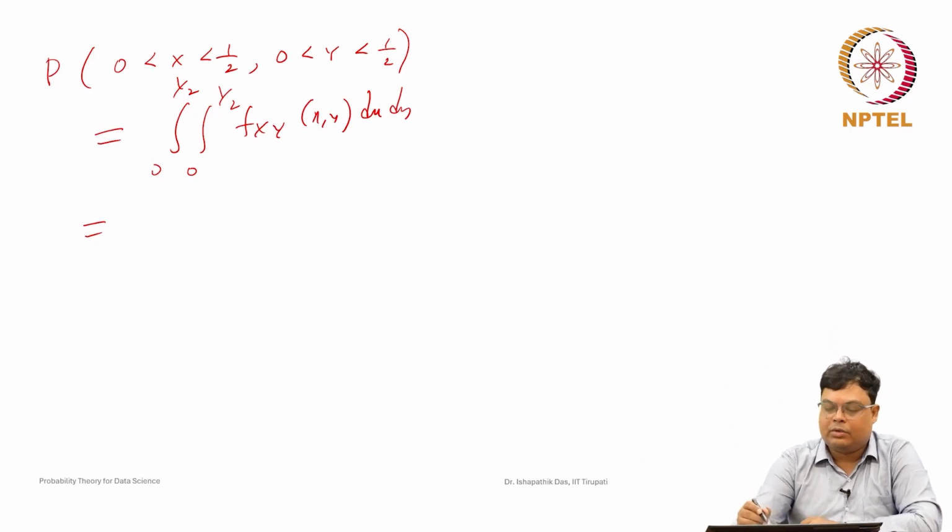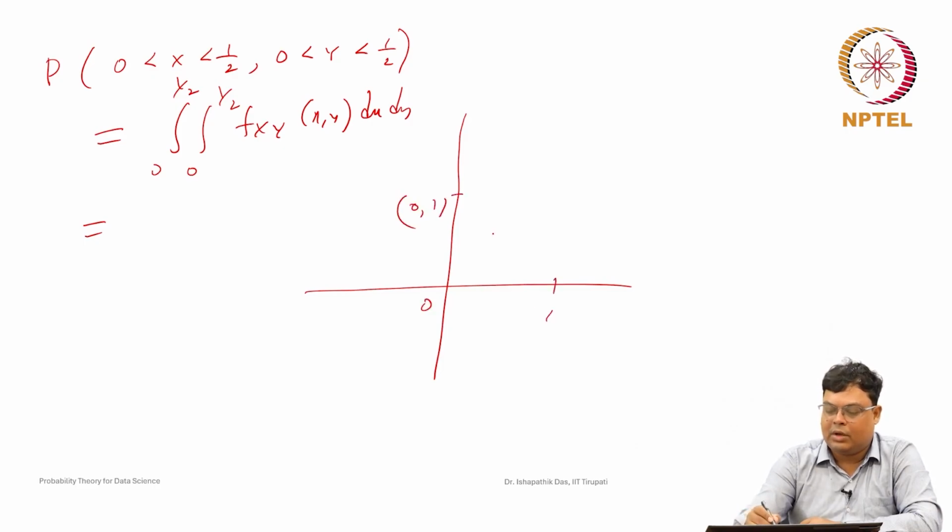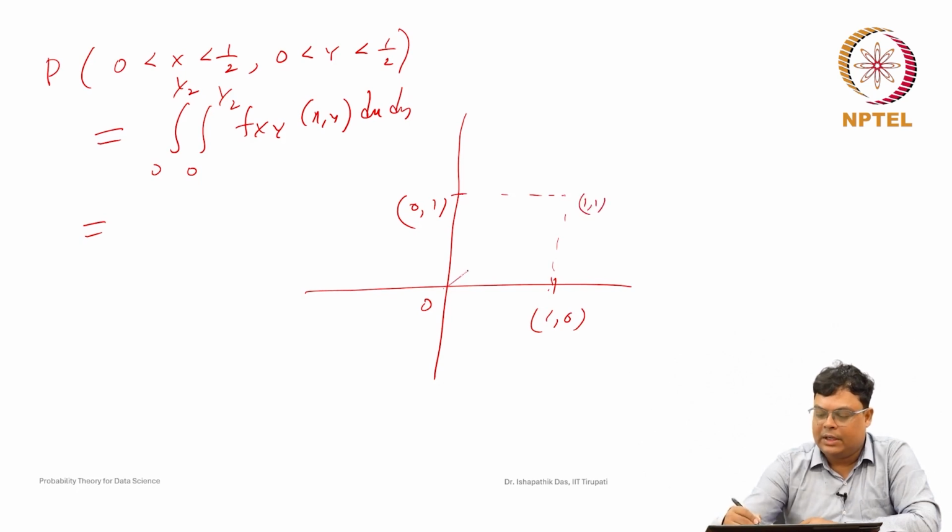If you draw this graph, suppose this is 0, 1, this is 1, 0, and this is 1, 1, then this density function is non-zero inside this triangular region.